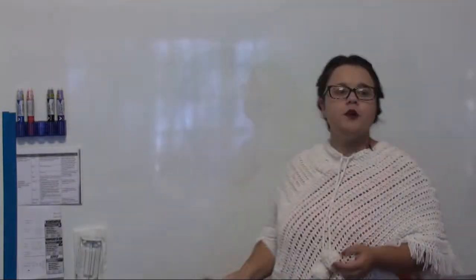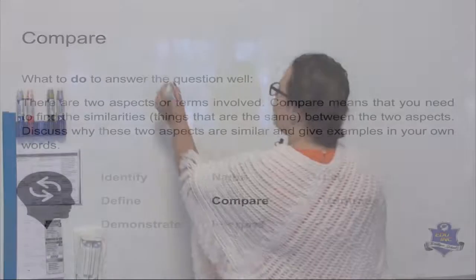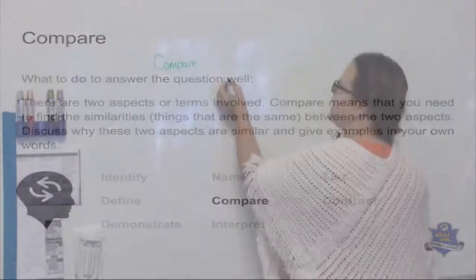So the word compare is something that I've already mentioned before in this video. Compare requires you to have two aspects that you are looking at. Two terms, two words, two aspects, two animals, exactly, okay?